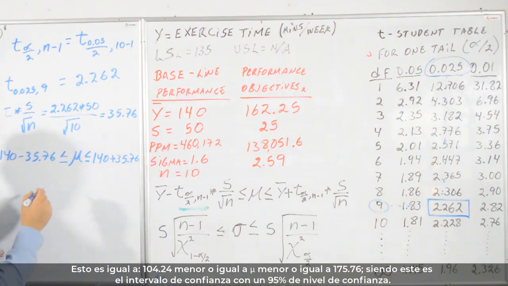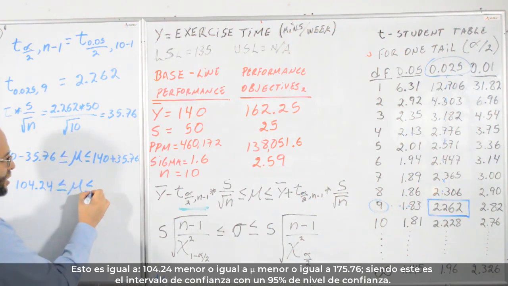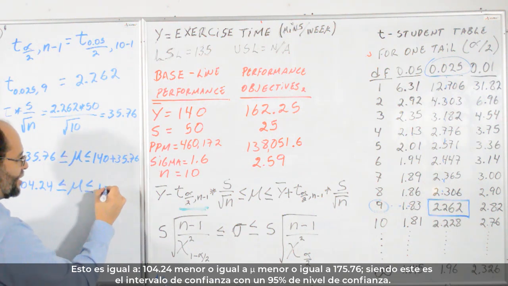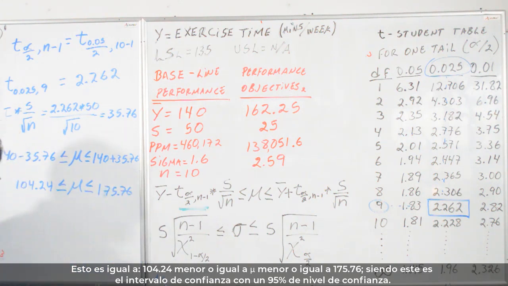So that is equal to 104.24, smaller equal than mu, smaller equal than 175.76. And that is the confidence interval with 95% confidence level.